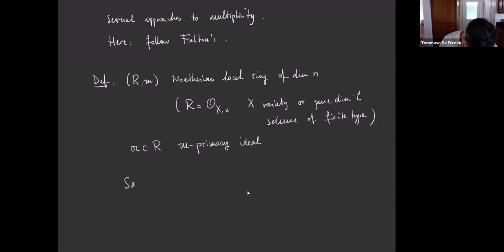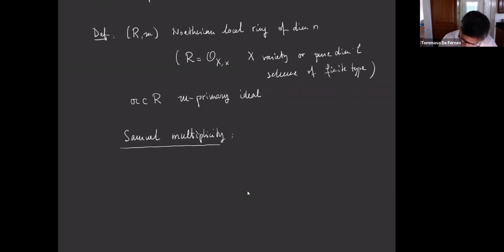So then you can define the Samuel multiplicity as follows. It's denoted by e(A). So this is the Samuel multiplicity of the ideal in R. And this is the limit when m goes to infinity of the length of R modulo A to the m, as an R-module, divided by m to the n, and then I divide the denominator by n factorial.